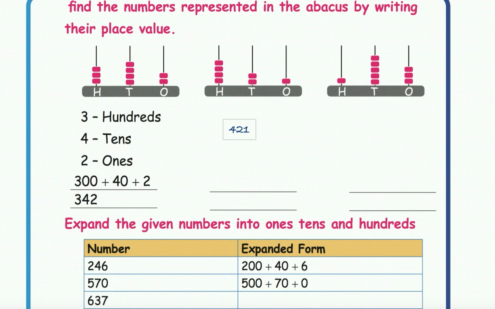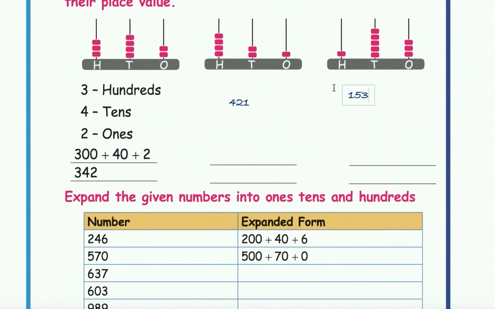This one similarly. Let's move it here. 100 place 1 is there, right? Only one. Tens place how many? 5. Ones place how many? 3. 153. Fine. Otherwise you can also go the long way.